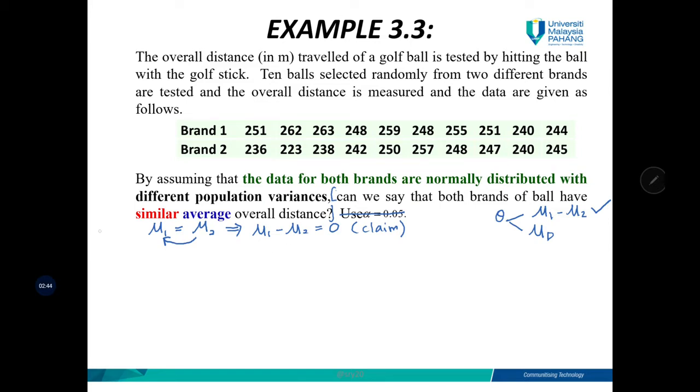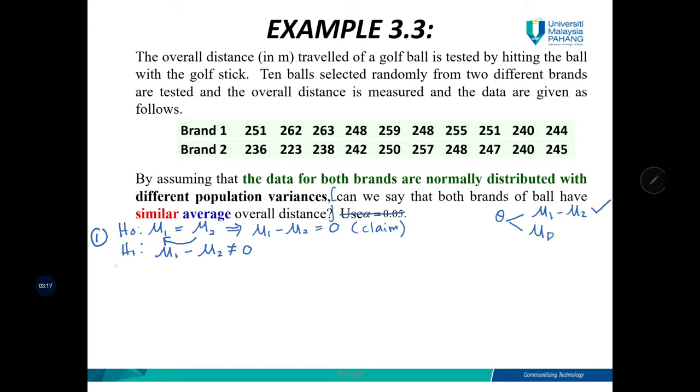This is step 1. To construct the hypothesis, look at the expression used. This is equal, meaning that this is H0. Automatically we can construct H1. The theta is the same, mu1 minus mu2, and equals means H1 should be not equal to 0. Mu0 is still the same, 0. So step 1 is complete.